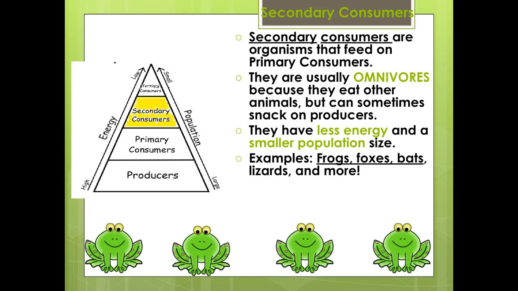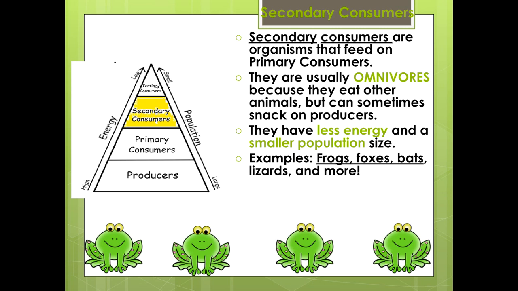The reason the population size is getting smaller is because there's not enough energy that they're getting from the food. So they have to eat a lot more food since they only get a little sliver of energy.